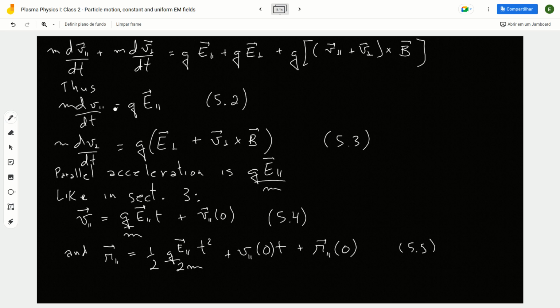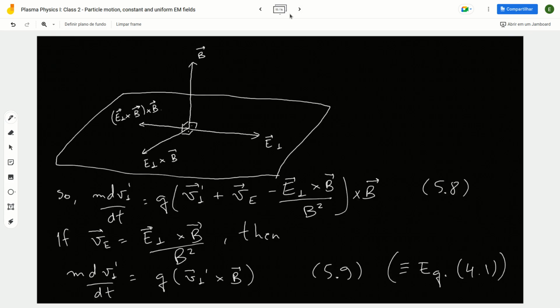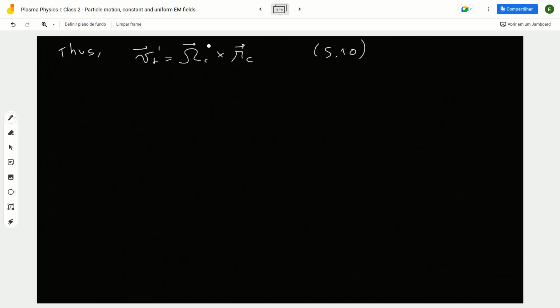So we're trying to describe the motion of V, which is V perpendicular plus V parallel, from 5.4, 5.6, and 5.10, using 5.10 and VE from 5.4, 5.6.